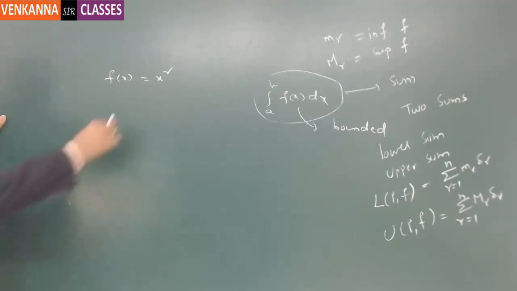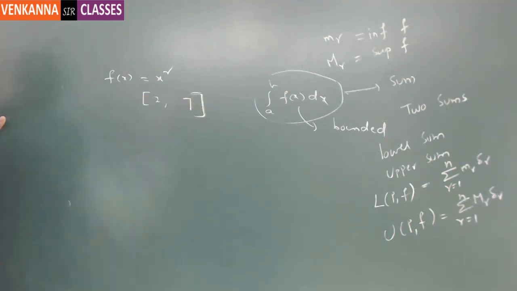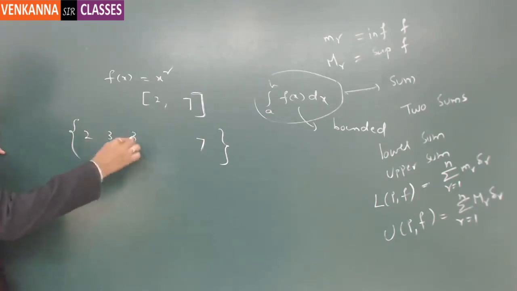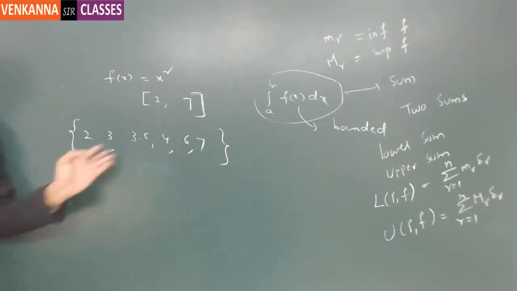So let us take the interval as 2 and 7. a value is 2, b value is 7. Now you are taking a partition on this. You can take randomly any number of points between 2 and 7. Let me say I am going to take 2, 3, 3.5, 4, 6, 7. Is it acceptable to you?